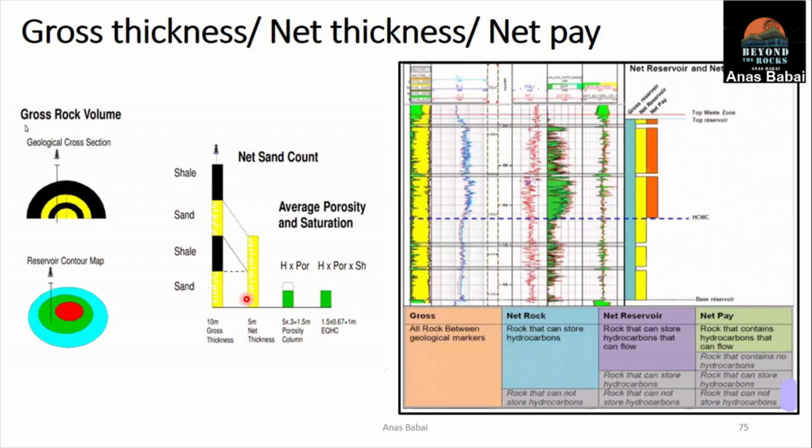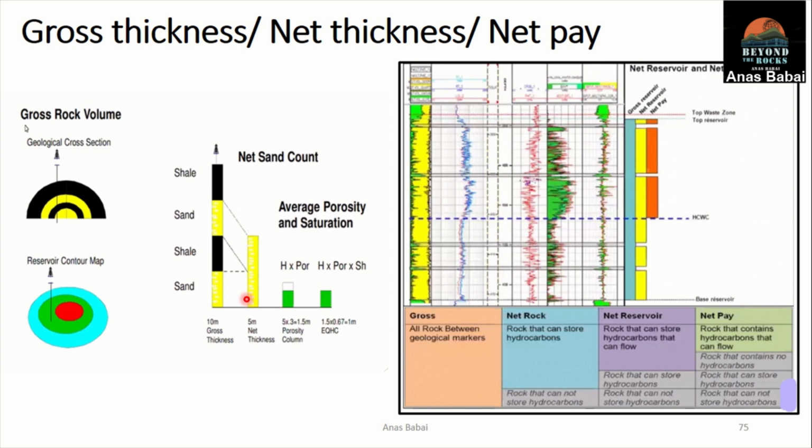Those three parameters are very essential for identification of our zone of interest. A zone normally considered as promising should have a specific limit of porosity and a specific shale volume. It should not exceed that specific shale volume, because it will have a negative effect on our porosity and permeability. And it also should have a specific limit of water saturation. It should not exceed that water saturation.